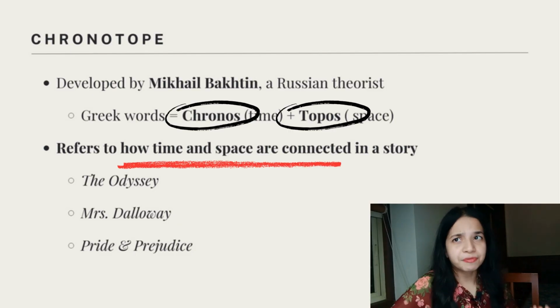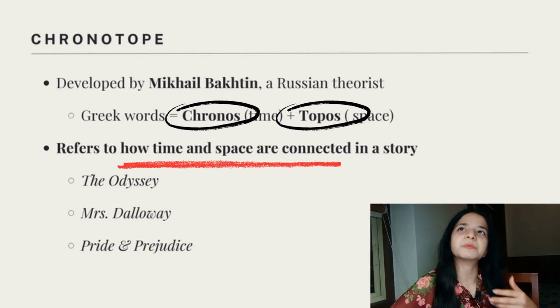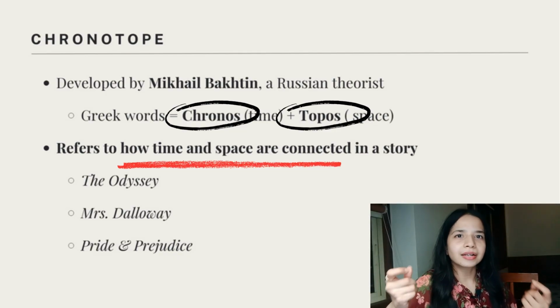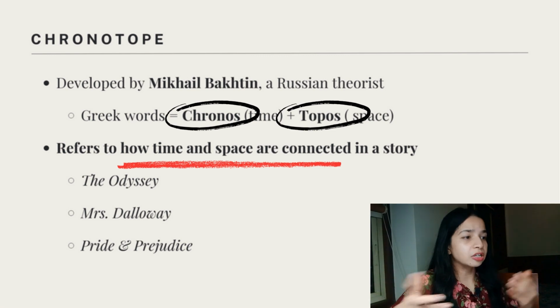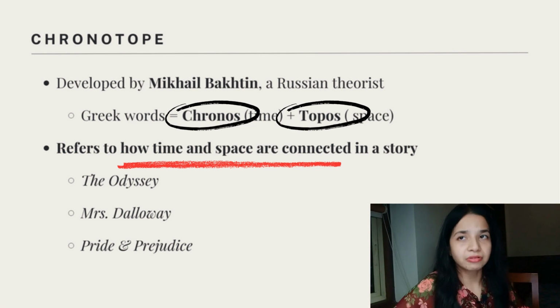At the same time, if you talk about a realist novel like Pride and Prejudice, time is more linear, space is more domestic, talking about the characters' mindsets in the sense that characters like Lizzie are very much present in their surroundings and they try to deal with their reality head on, right?